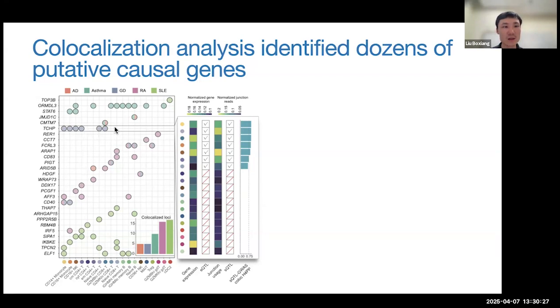This gene acts in multiple cell types, including monocytes, natural killer cells, and T cells. And variations of the TCHP gene would modulate the risk of Graves' disease, right? So this purple color right here.